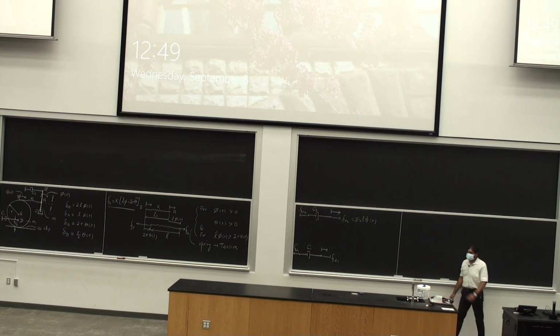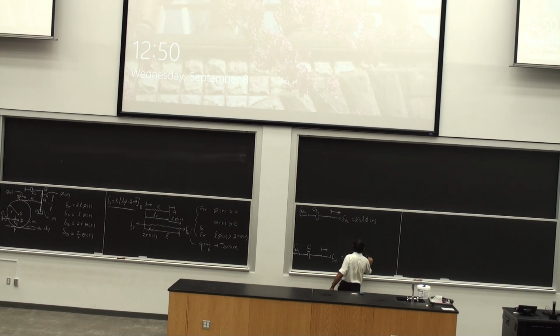And this one here is going to be C1 R by 2 theta dot. This is phi dot. This is the point B. And point D. These were the things that we had from before.